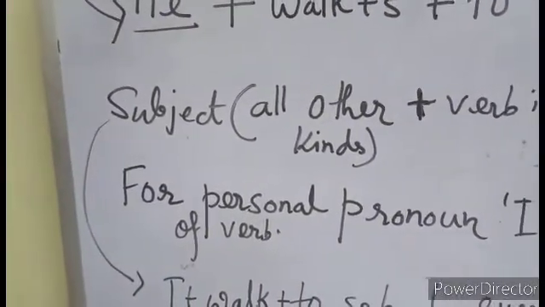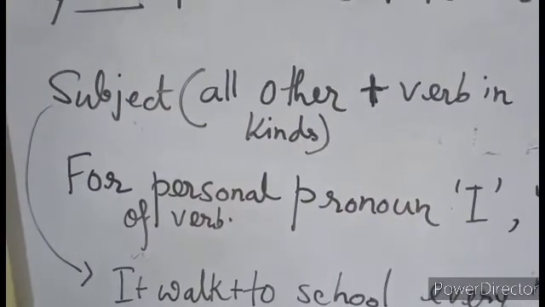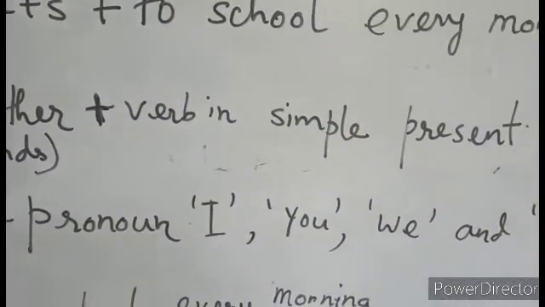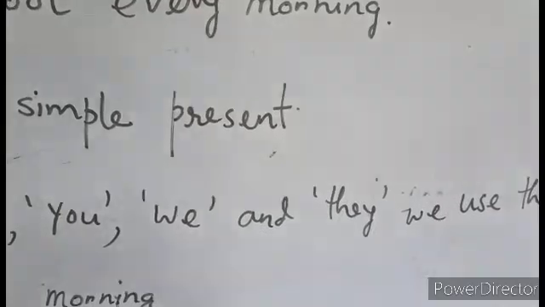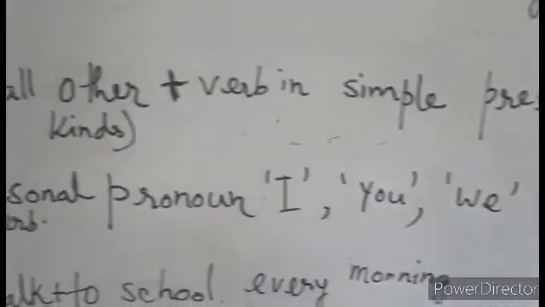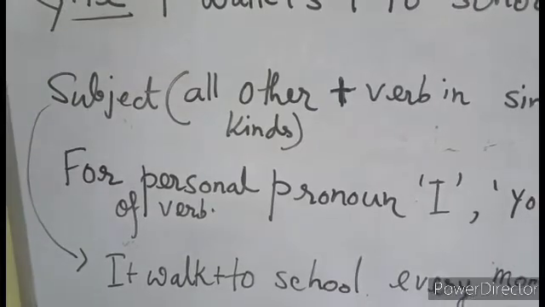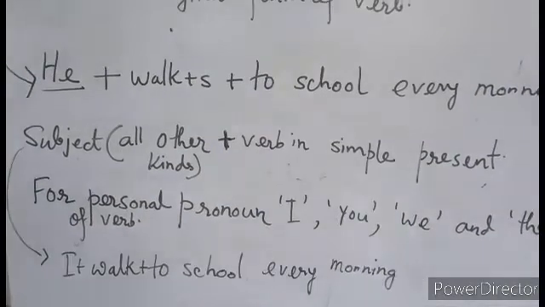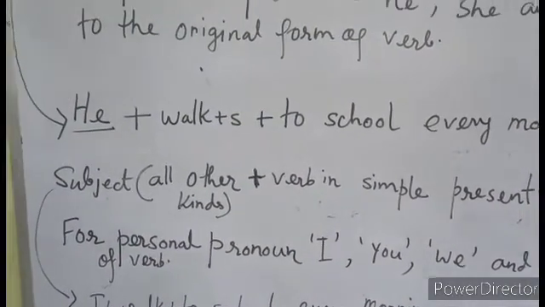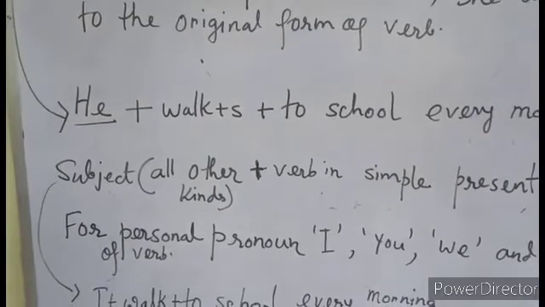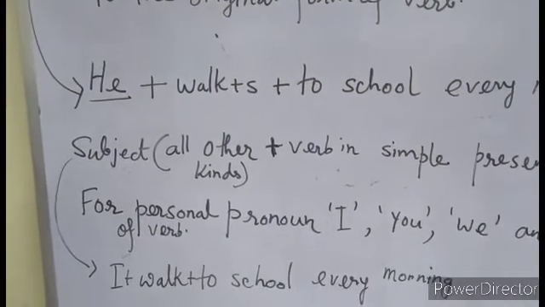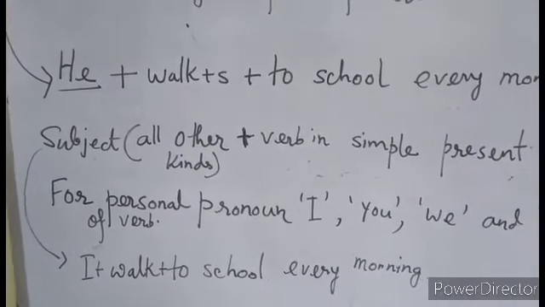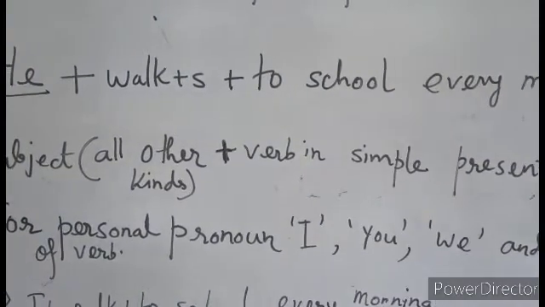For personal pronouns I, you, we and they, we use the original form of the verb. No s or es is added with the verb. So in which case are s, es or ies added to the original form of the verb? Only if the subject is third person singular number. For any other subject, we use only the original form of the verb.